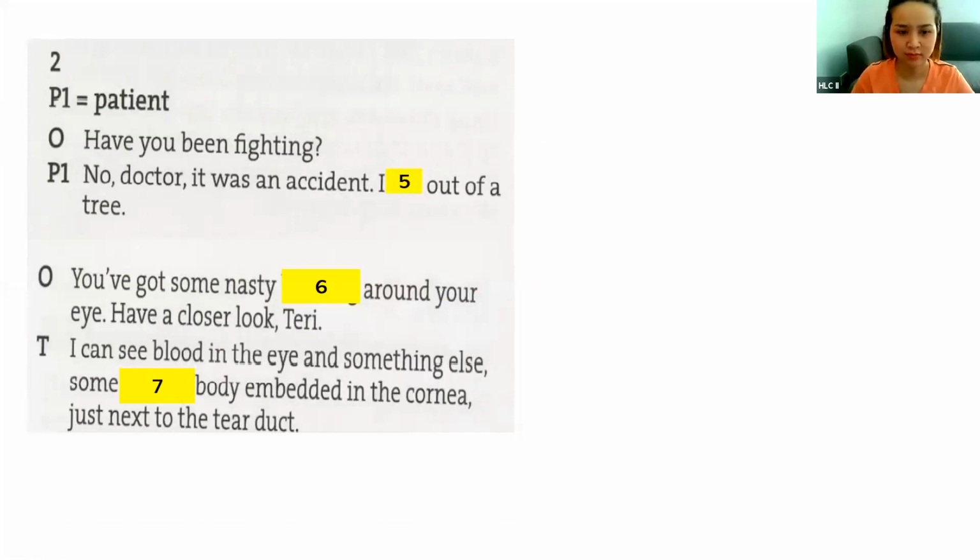Have you been fighting? No, Doctor. It was an accident. Around your eye. Have a closer look, Terry. I can see blood in the eye and something else, some foreign body embedded in the cornea, just next to the tear duct. 3.